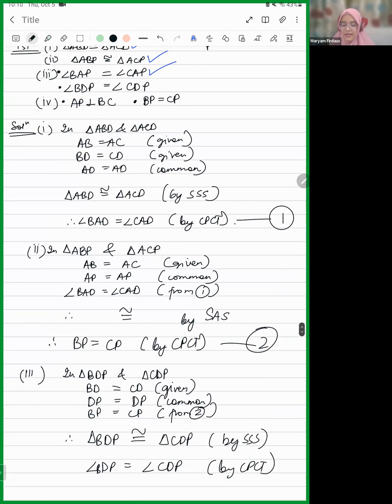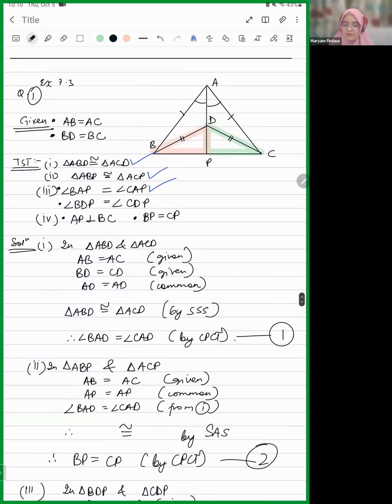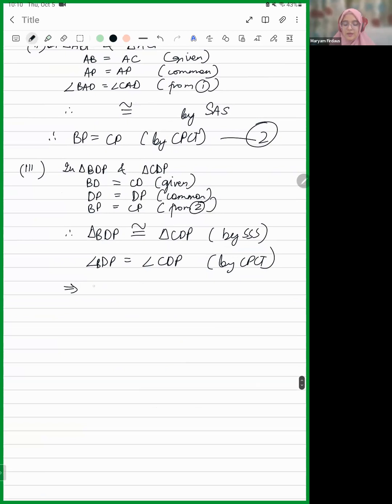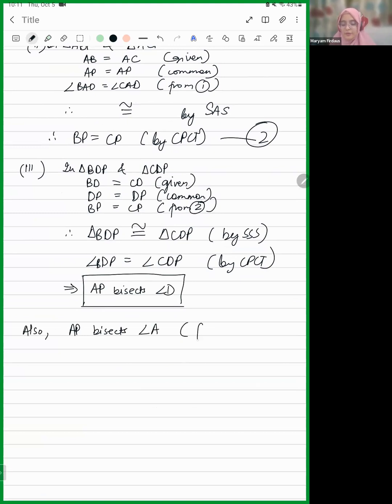Angle BDP is which one? This one. And CDP is which one? This one. So they are both equal by CPCT. That means AP bisects angle D. This is what we have shown, and you can write AP bisects angle A from equation 1.